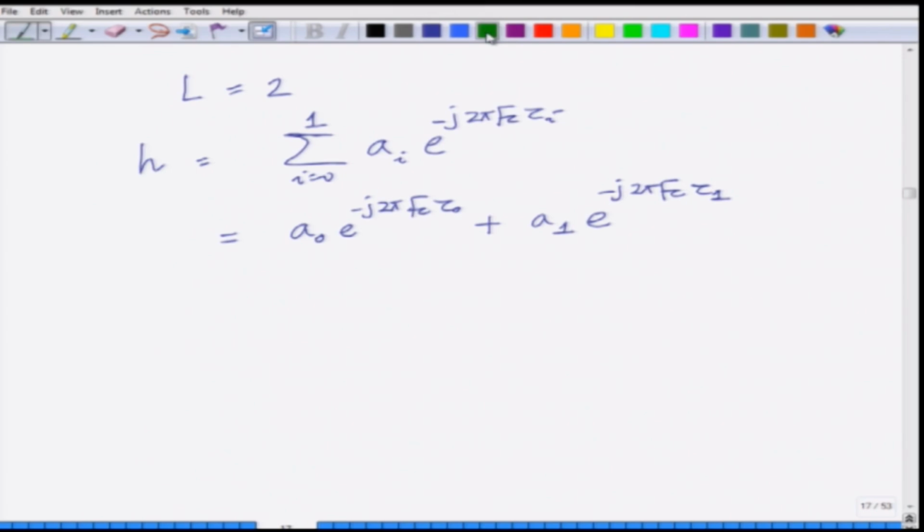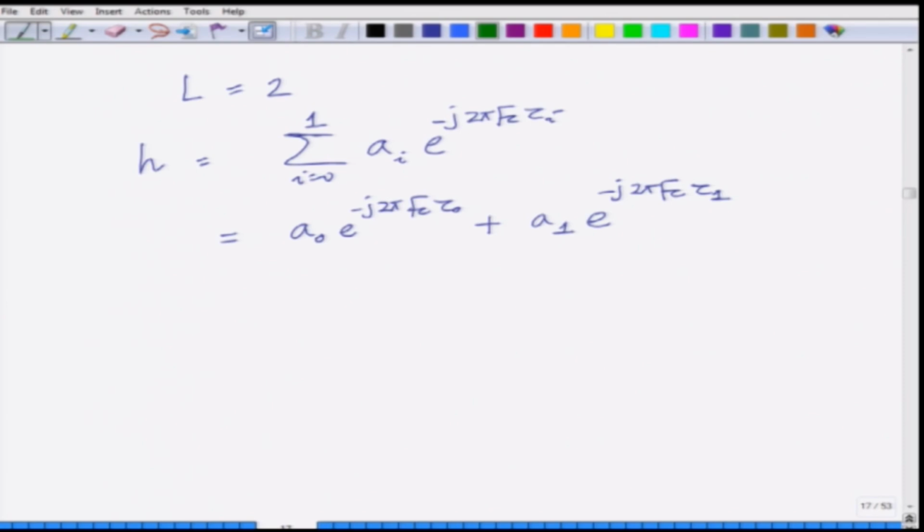And now we have the sum of two multipath components, A naught and A 1.